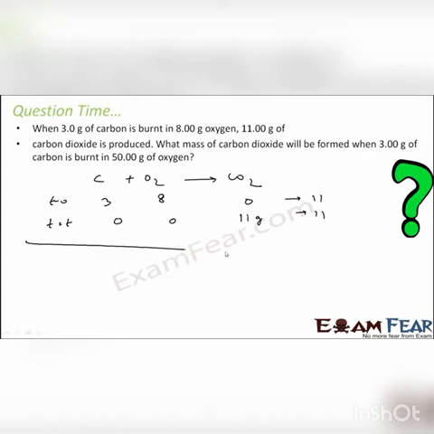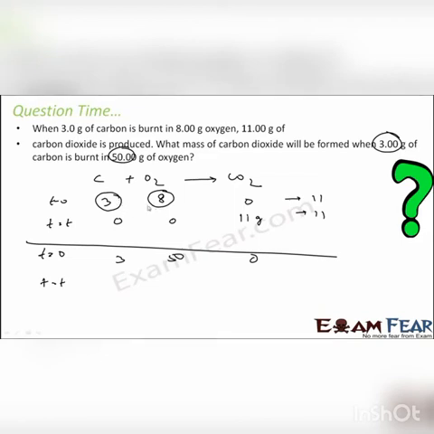Now, this is one scenario. The second scenario is 3 gram of carbon, 50 gram of oxygen, and this is 0. So at T is equal to T, what will happen? See, 3 gram of carbon will react at the max with 8 gram of oxygen, nothing more than that, right?